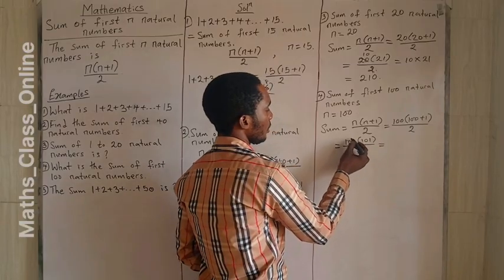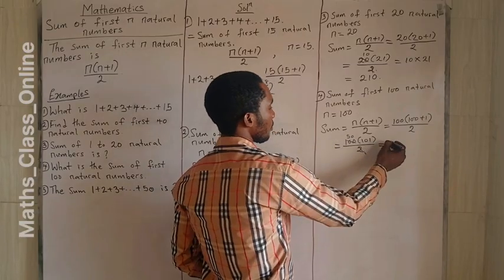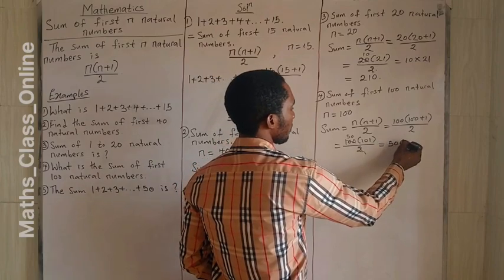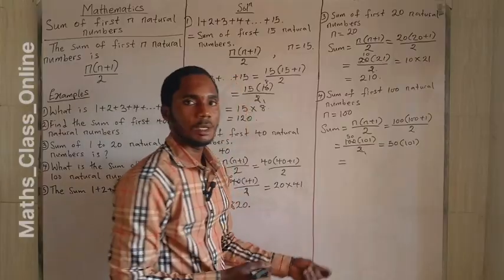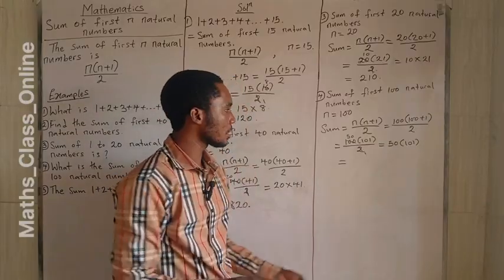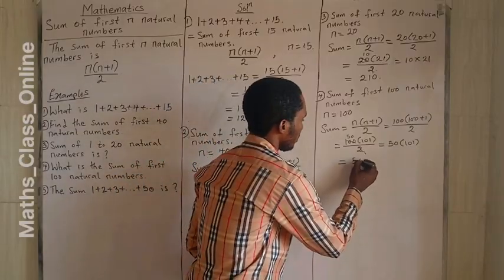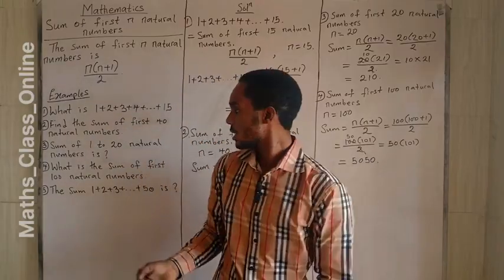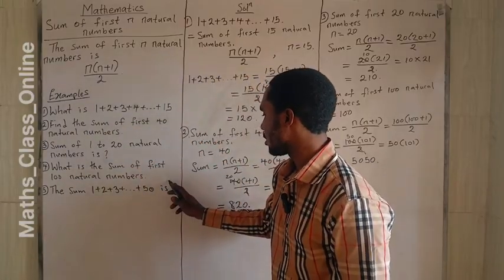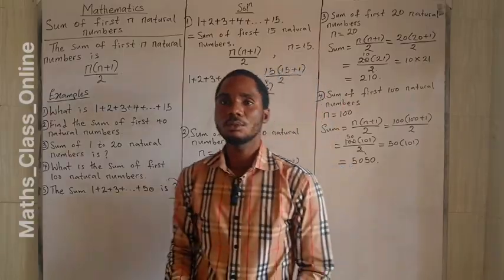Two here, 1; 2 here, 50. We're going to have 50 multiplied by 101. 50 multiplied by 101, that is 5,050. With this explanation, what is the sum of the first 50 natural numbers?